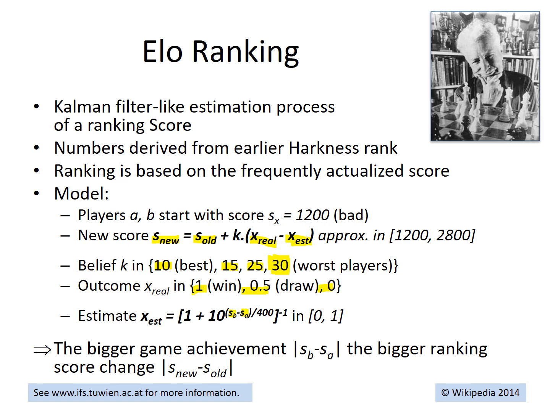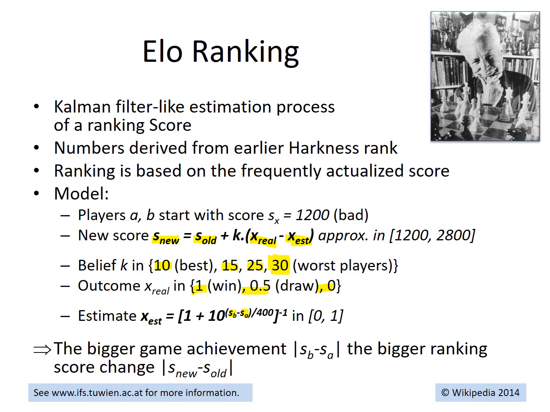Approximately, it gives you scores between 1200 and 2800, even though in particular in chess the best players I think are today beyond the 2800. In theory it is open-ended, but of course the differences, even if the best players keep playing against each other, will go towards 0 very soon.